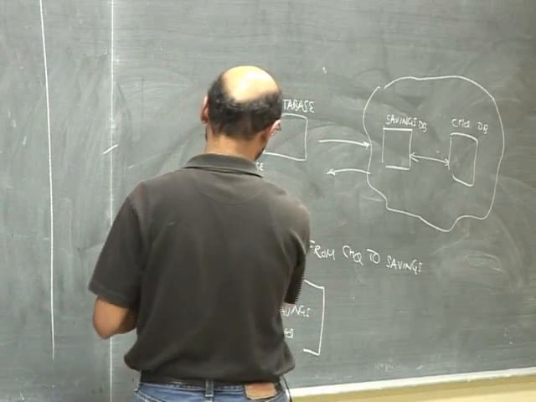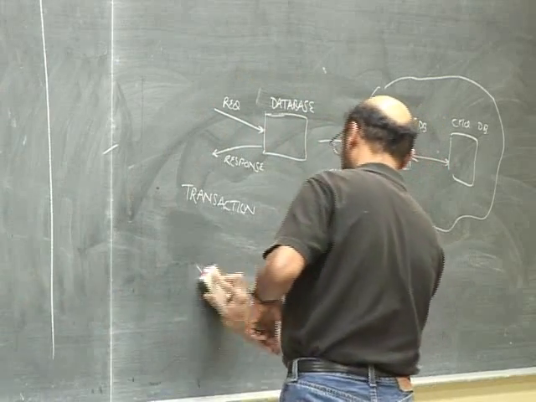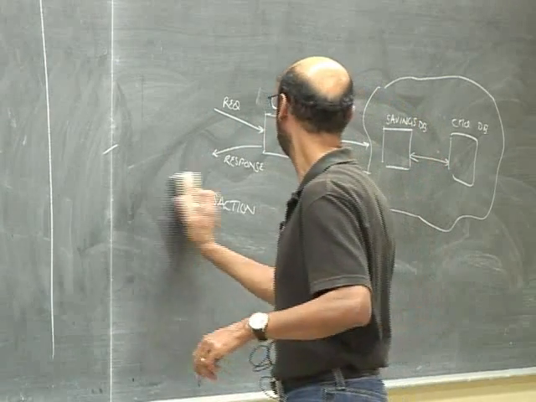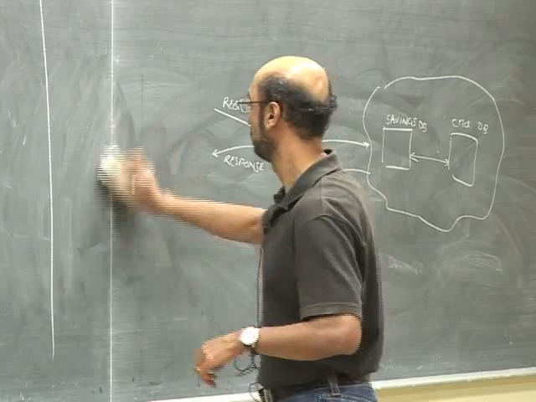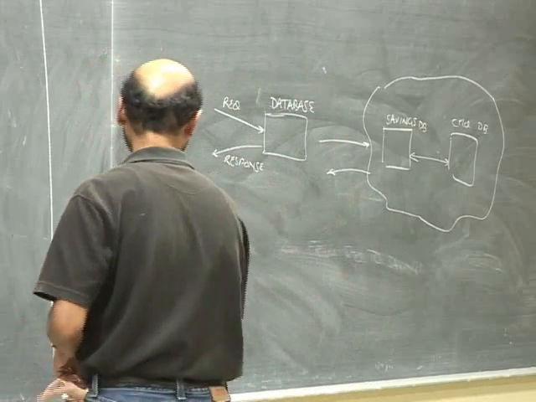So the second property is that of consistency, and we'll keep the same database over here and look at consistency.